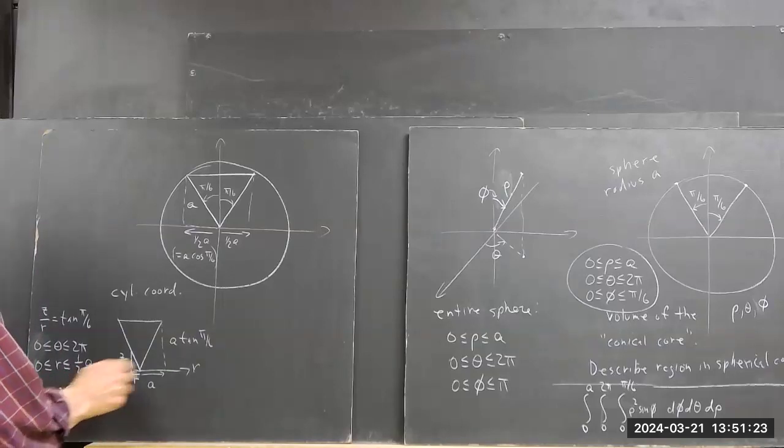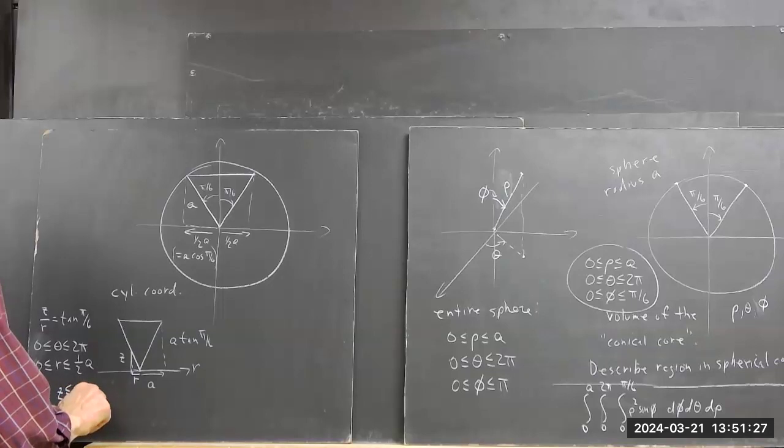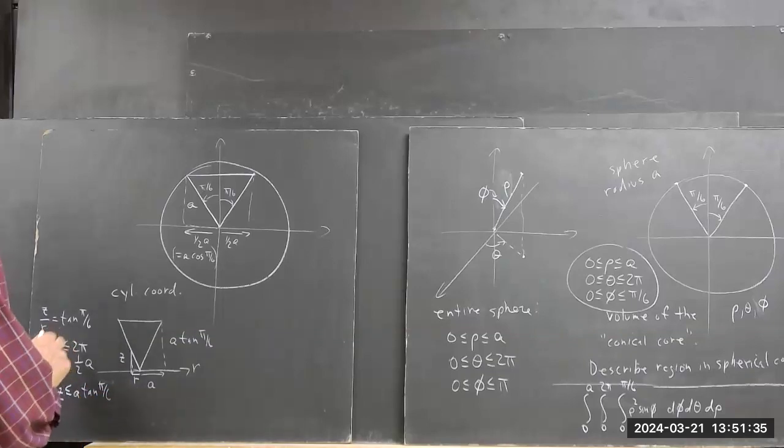Z goes at most to A tangent pi over 6, and it starts at R tangent pi over 6.